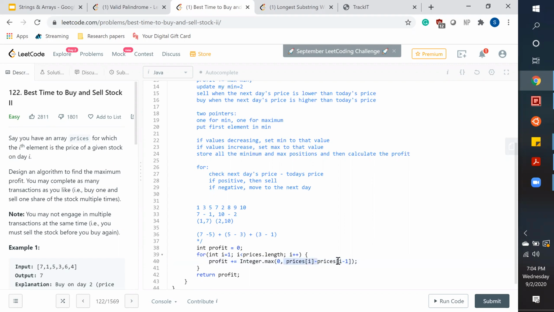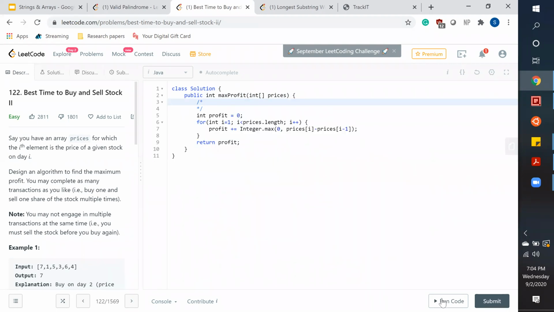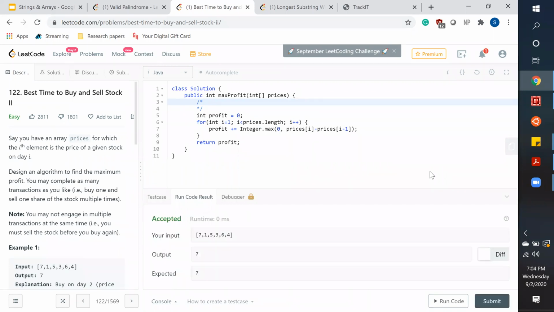So if this value is positive, then it'll add this value. Otherwise, it'll just add 0. And that's pretty much all you need for this problem. So it simplifies.